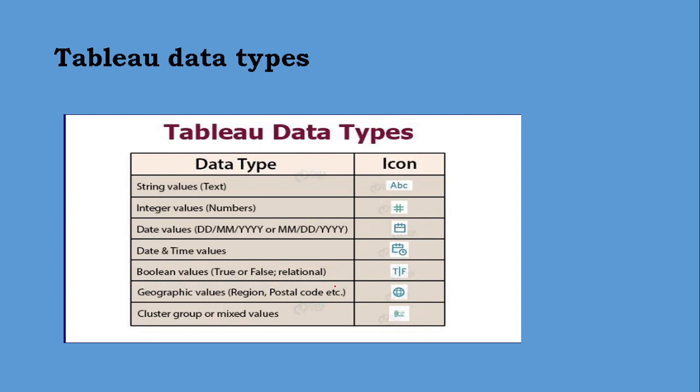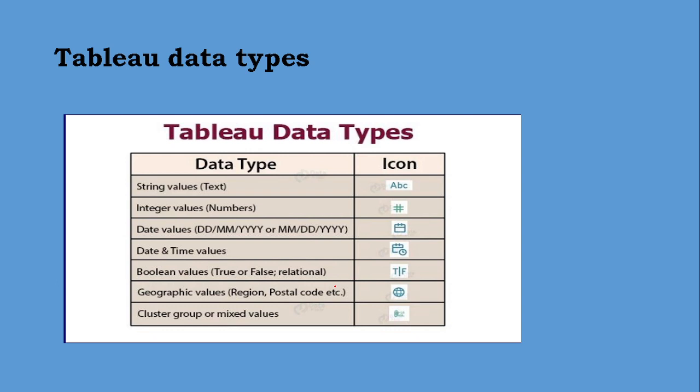This will be common when you want to explore spatial analysis, like regions, postal codes, city, country, state. Those will be geographic values, and the globe is the icon for that. Number seven, we have cluster group, or mixed group, mixed values.